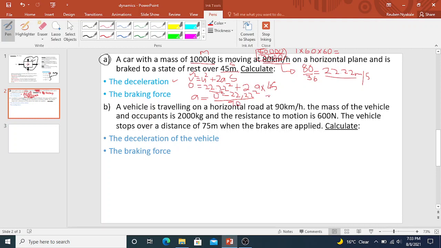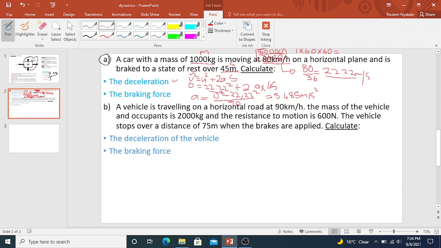That's what you will have here. Then your a would be 22.22 squared divided by 90, which equals 5.485 meters per second squared.